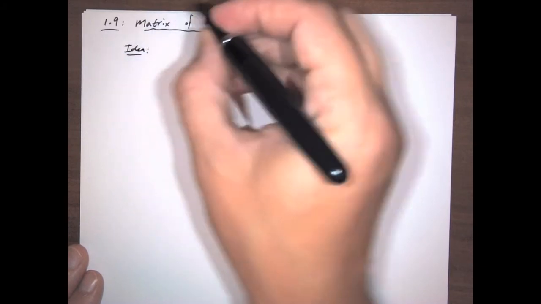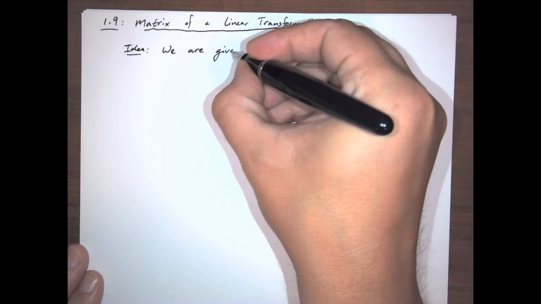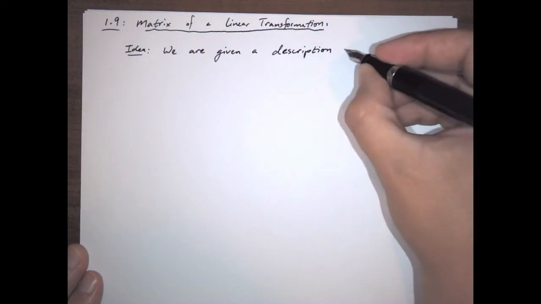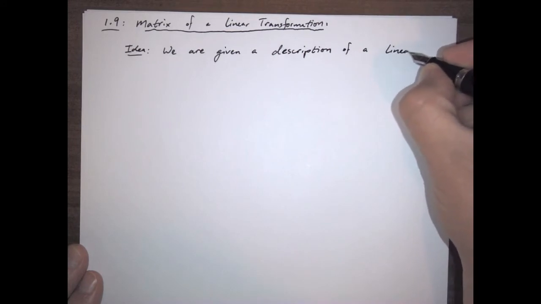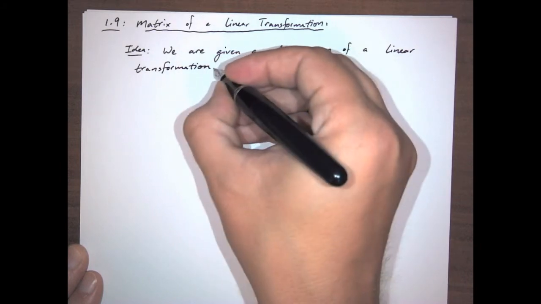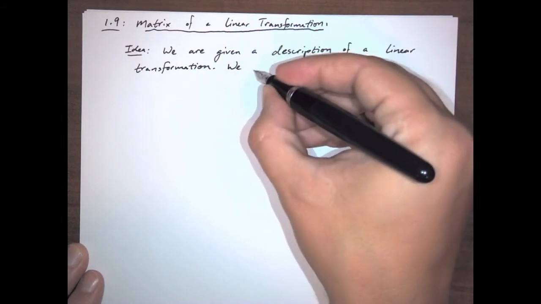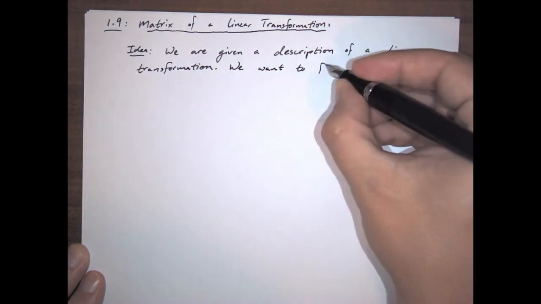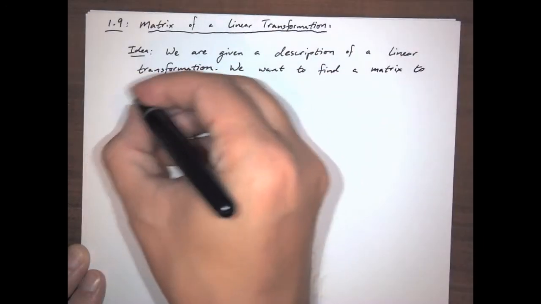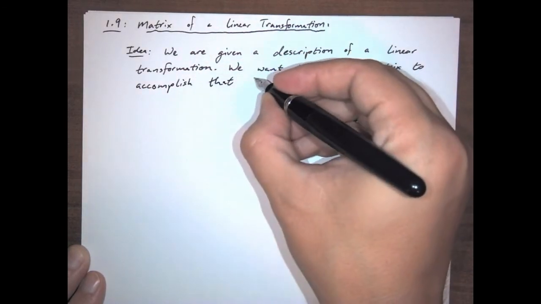So the idea is we are given a description of a linear transformation, and then our goal is to find a matrix that would accomplish that transformation.